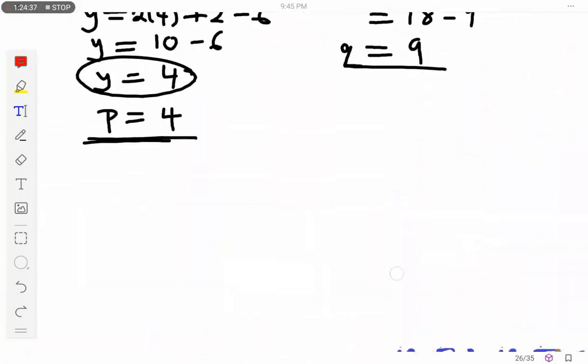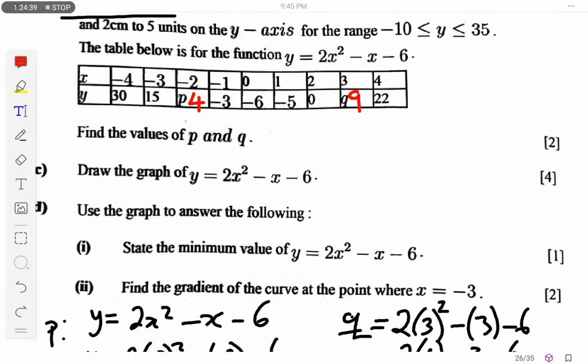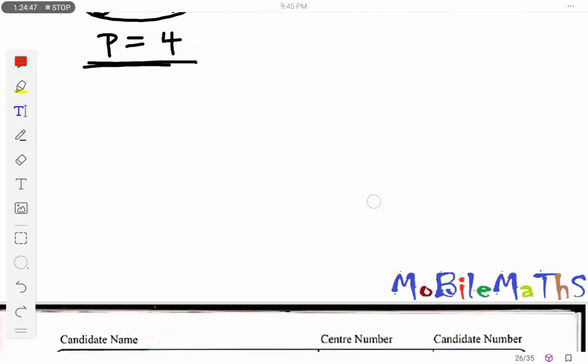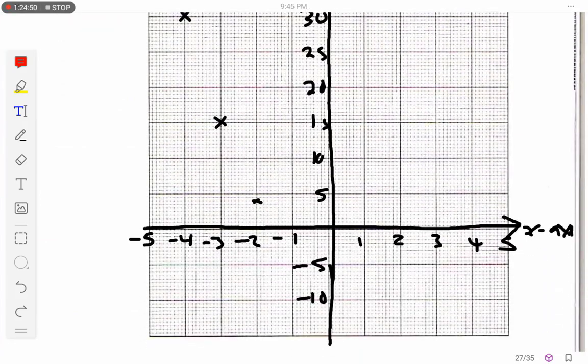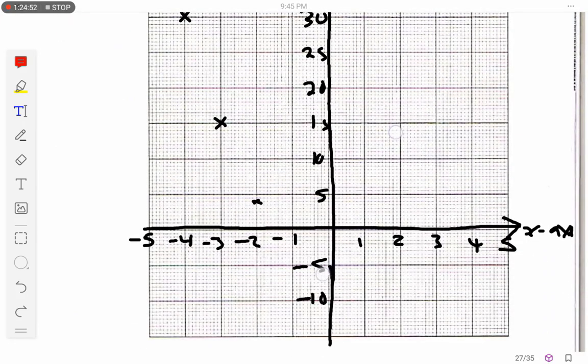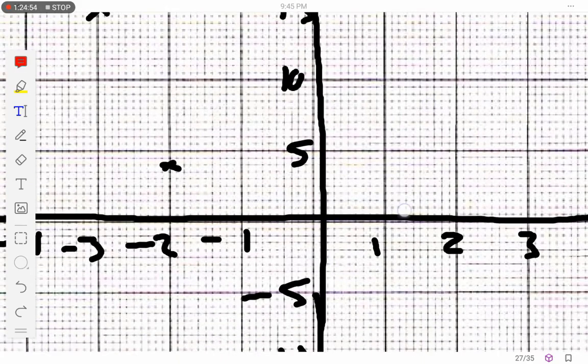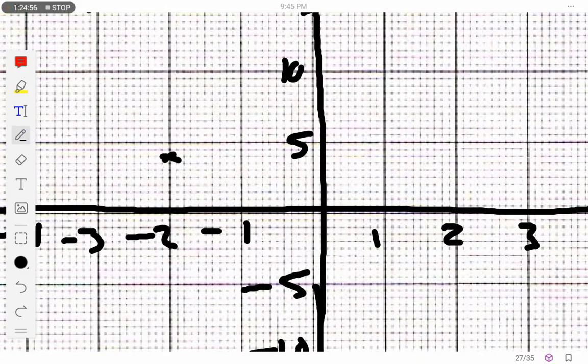From -2, we have -1 and -3, and 0 and -6. So let me do those two together. I have -1 and -3. Let me zoom in again. It's somewhere here.